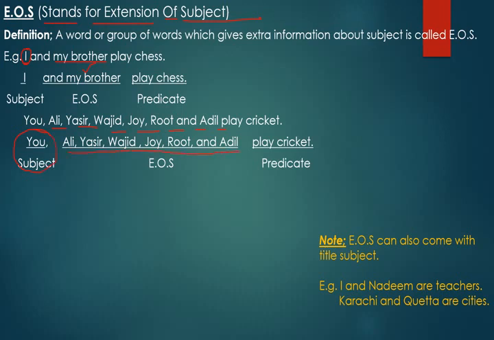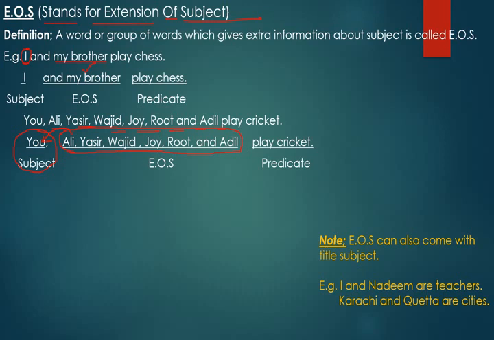So keep in your mind, whatever comes after you is your EOS when it is doer of an action. They give extra information about you, that you are not the only doer of an action playing cricket. Whatever names come after you are also doers of an action, so they will be called EOS.